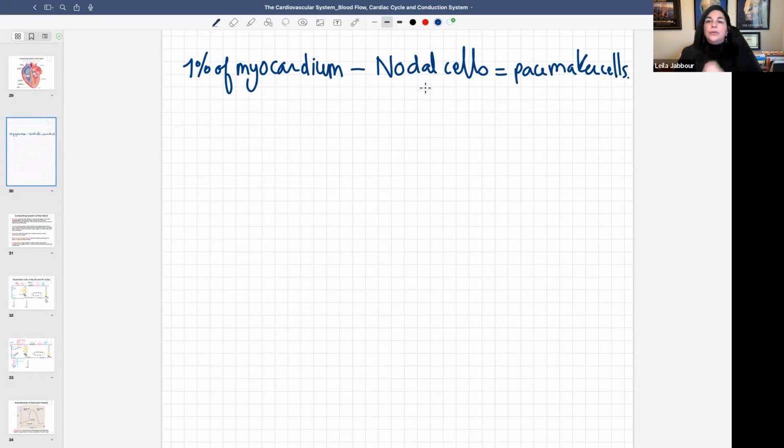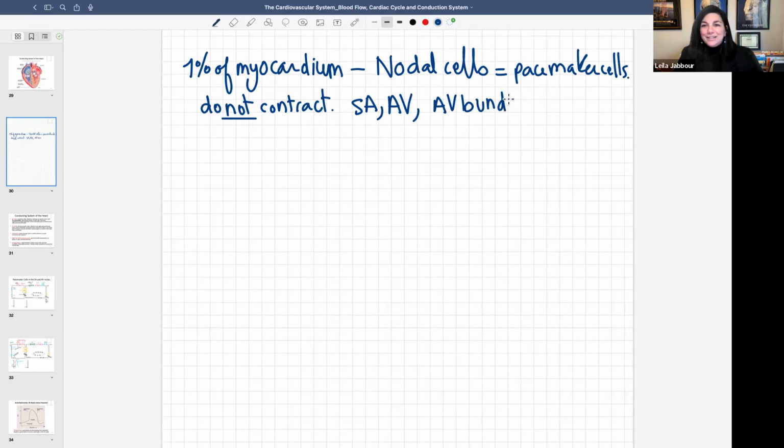These cells do not contract. Very important. The remaining 99% of the cells are your myocytes, the cardiac cells, and they are going to do a contraction. So for the nodal cells, we're going to see there is an SA node, AV node, AV bundle, or bundle of His, it's called.